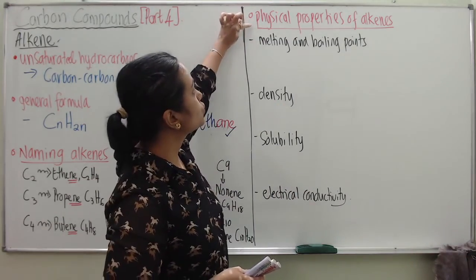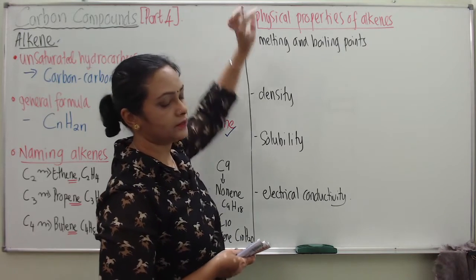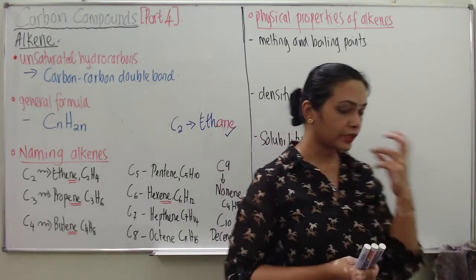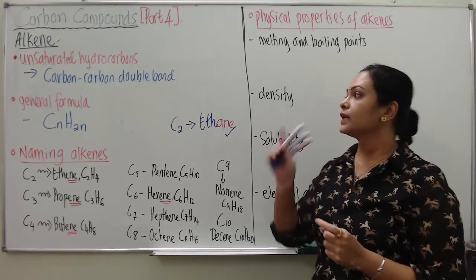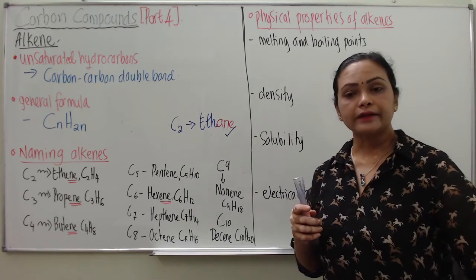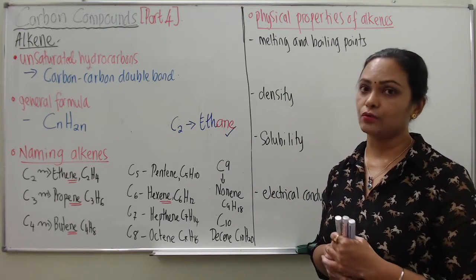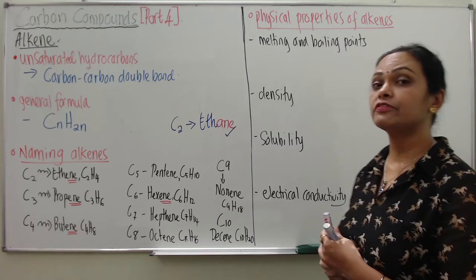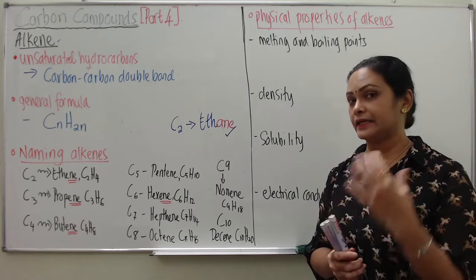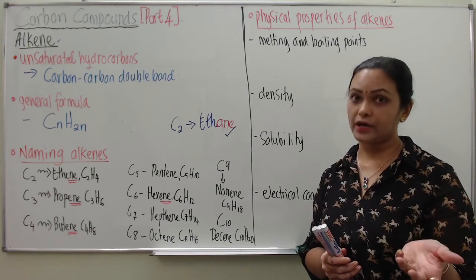Now, let's go to physical properties of alkene. Melting and boiling point. Another thing that you need to understand is, again, alkane and alkene hydrocarbons are covalent compounds. So when we are discussing physical properties, you must remember that we are indeed discussing covalent compounds.